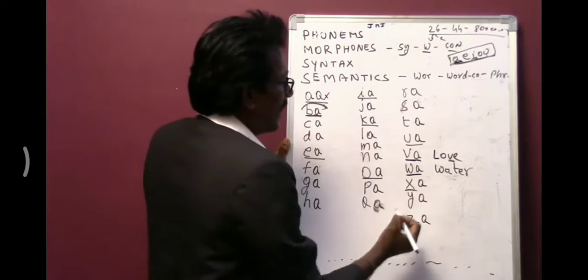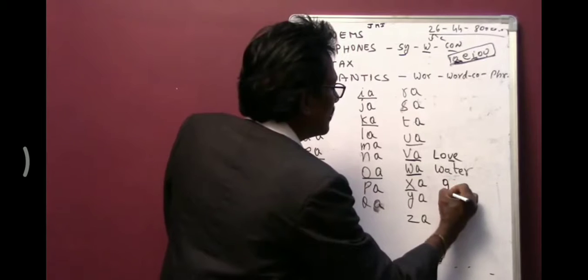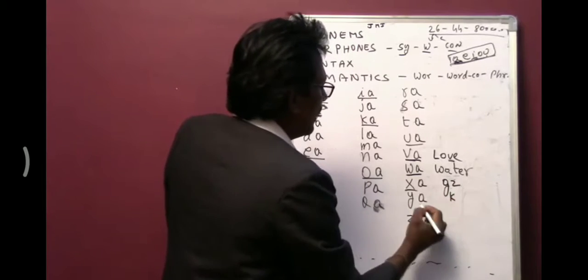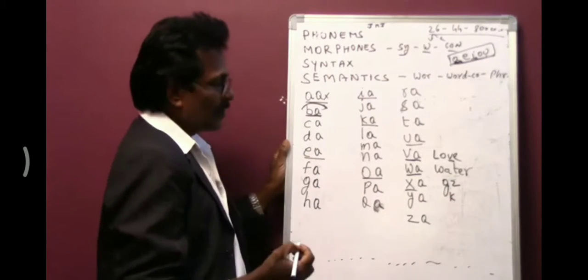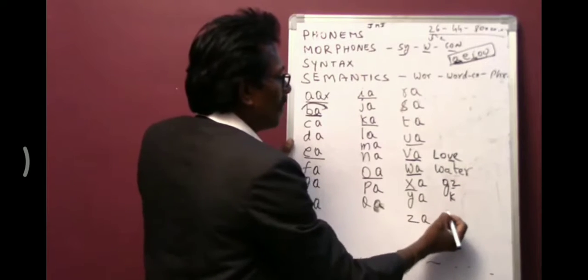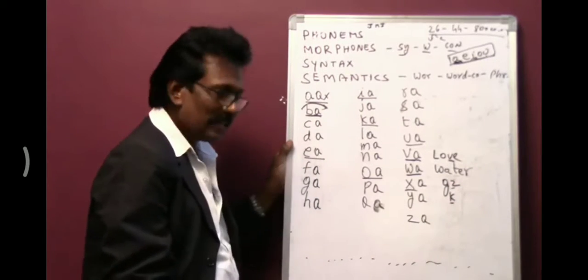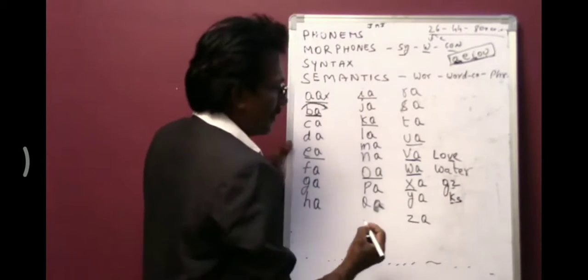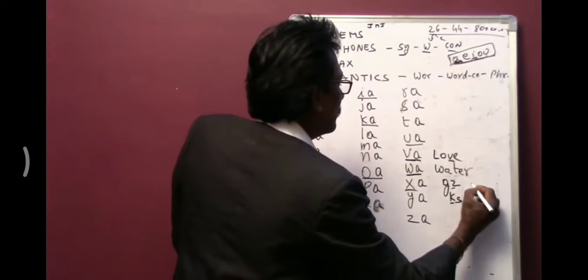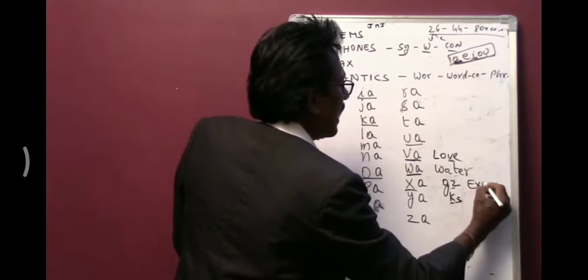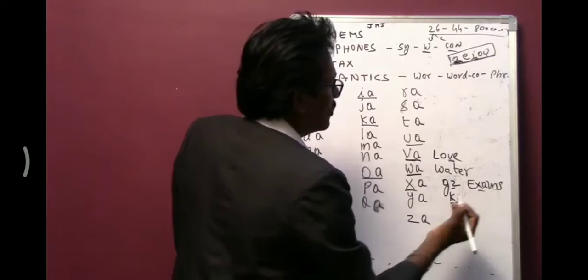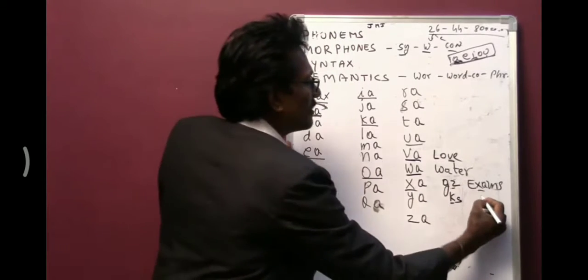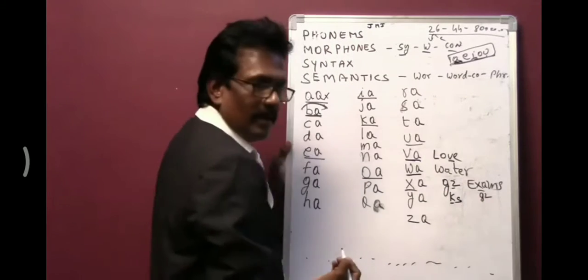Now, X has 2 sounds. One is the za sound, the other one is the ksa sound. When exams, E-X-A-M-S, exams, this X sounds za.